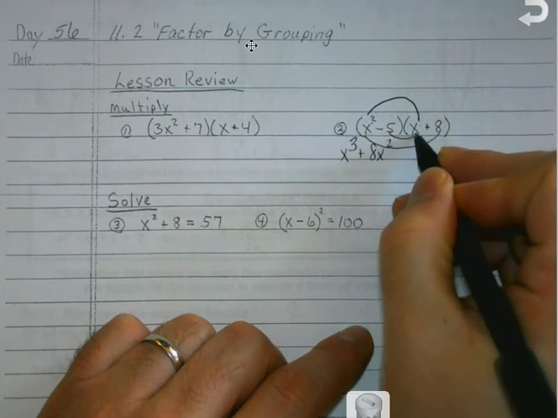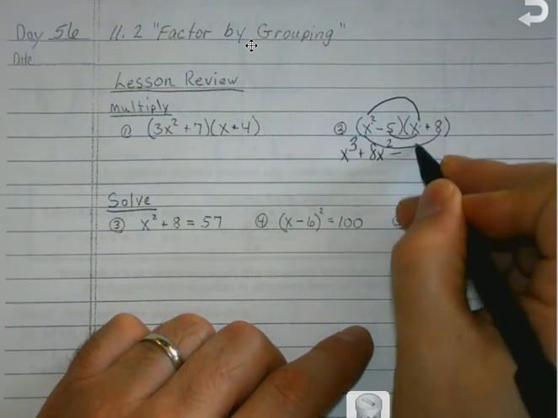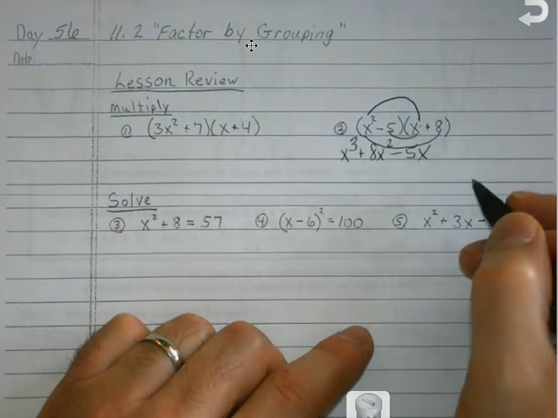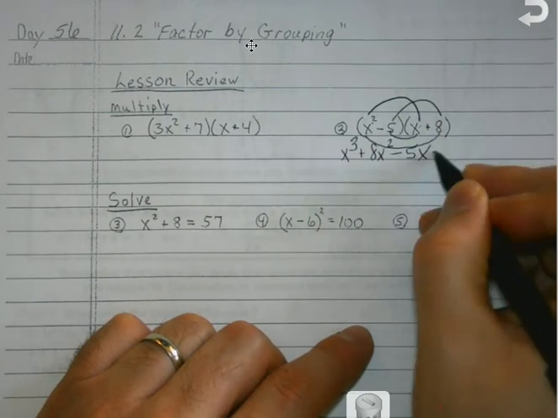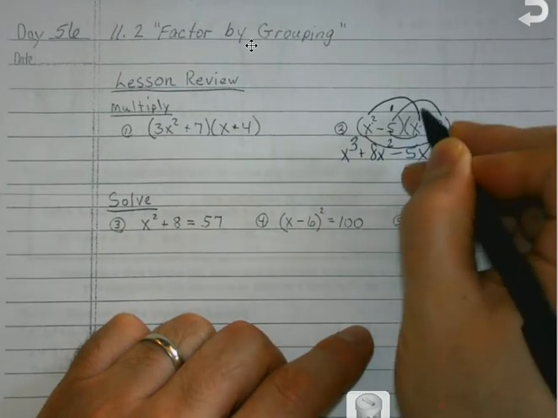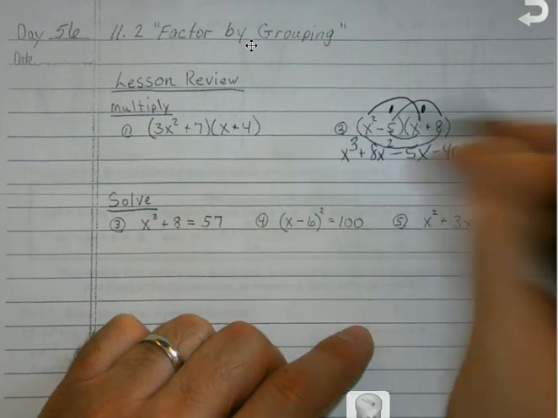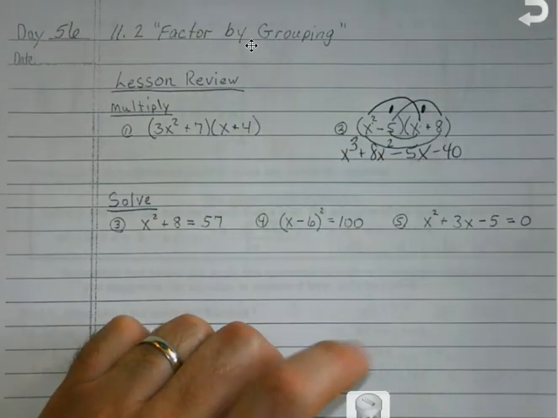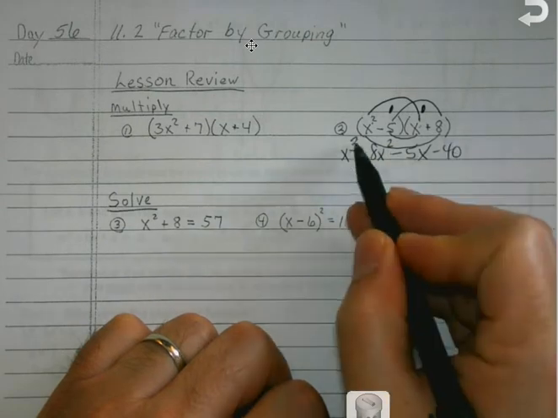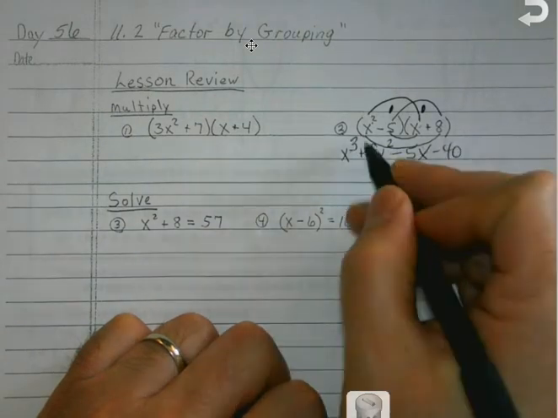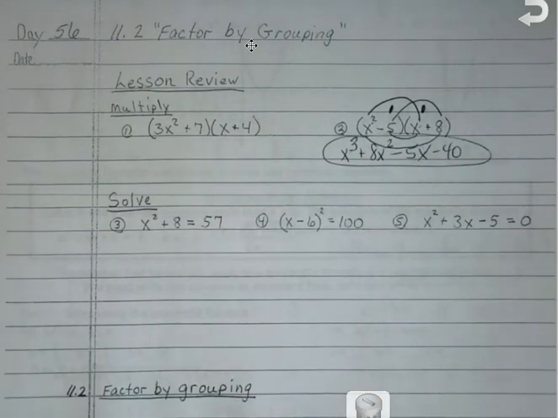And then I do the inner ones, negative 5 times x is negative 5x. And then I do the last ones, negative 5 times 8 is negative 40. And if I do it the right way, that little guy with the smile ends up showing up, and I make sure I've gotten everything. I don't have any like terms that are together because they all have different exponents on the variable. So I'm just done.